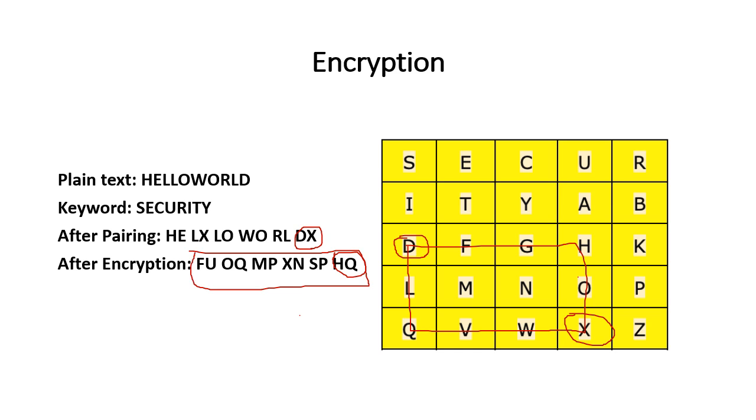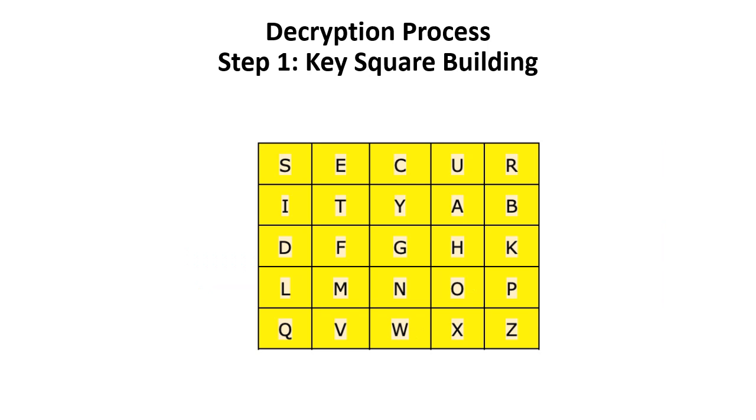Okay, yes. This is the decryption process. Here, for the decryption process, we have a ciphertext and a key square. As in the encryption process, we have to draw this key square with the help of the keyword, which here is security.